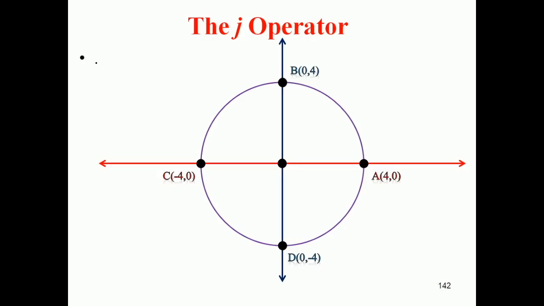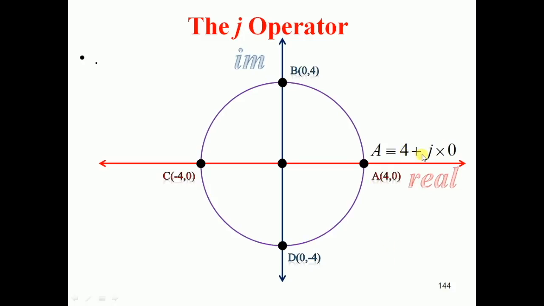Now the coordinates of the points A, B, C, D will be (4, 0), (0, 4), (minus 4, 0) and (0, minus 4).